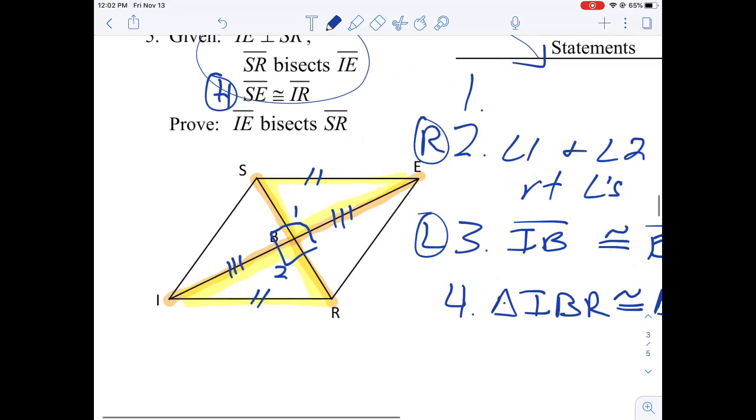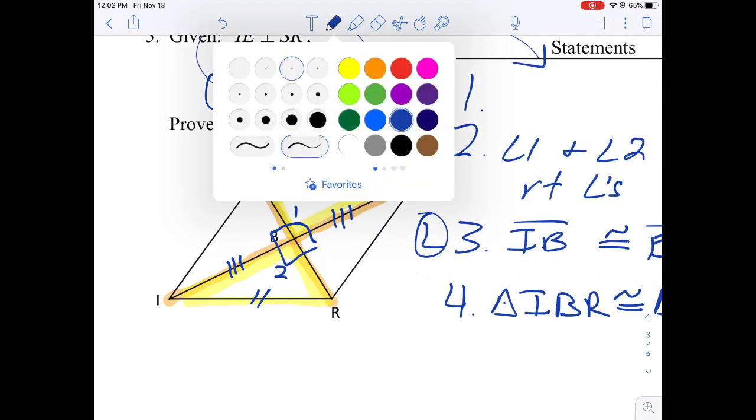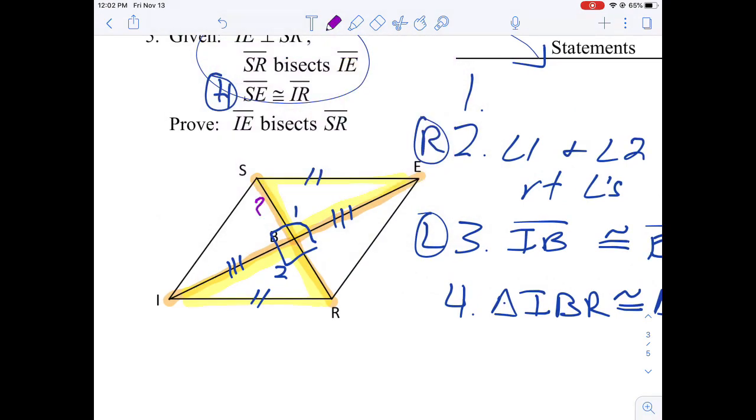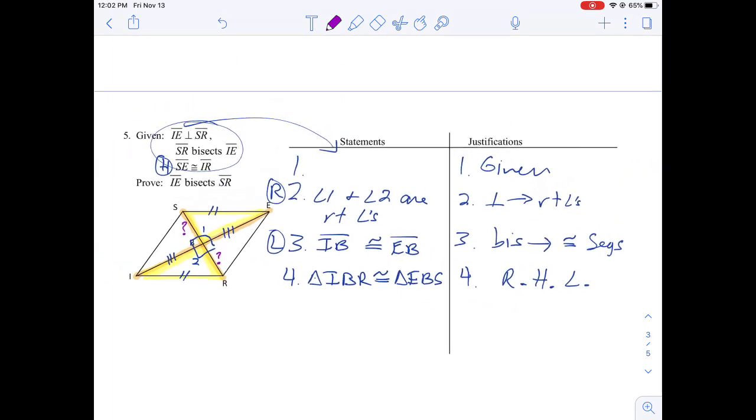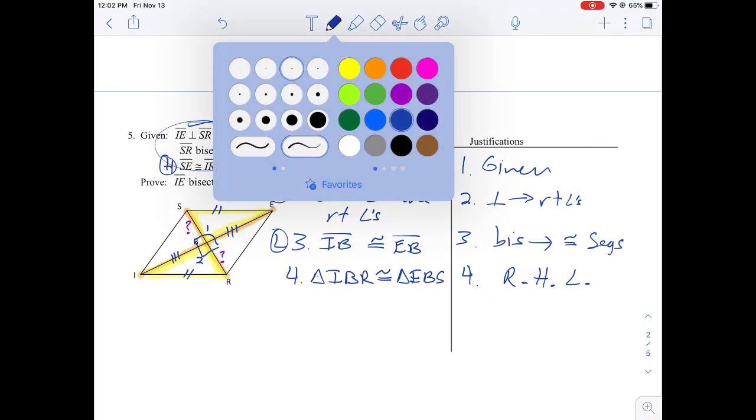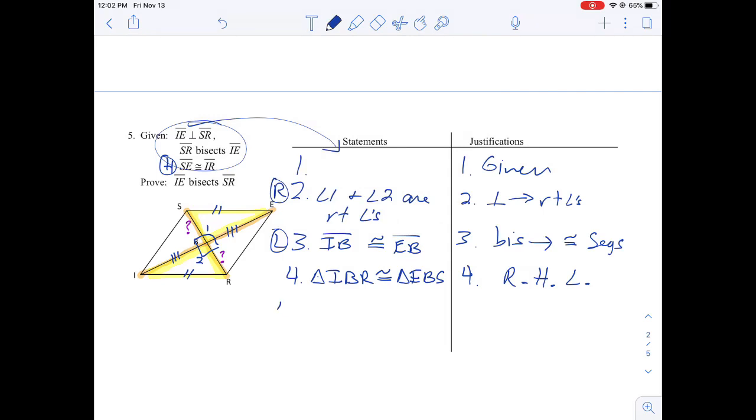We are trying to prove, I forgot to even think about what we're trying to prove. We're trying to prove that this question mark is congruent to this question mark, because that would tell us that IE bisects SR. Yeah, okay. So then from there we can say we have congruent chunks.